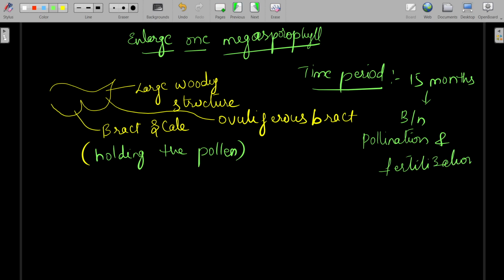That means a pollen grain has reached here, and you can see the ovules present. These ovules produce eggs, and the pollen fuses with the egg. So this fertilization step will take 15 months from the pollination.